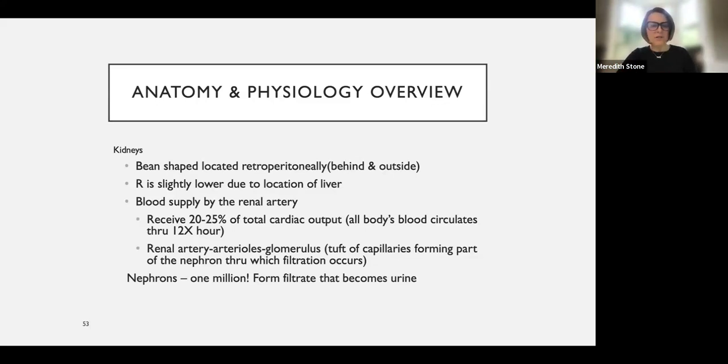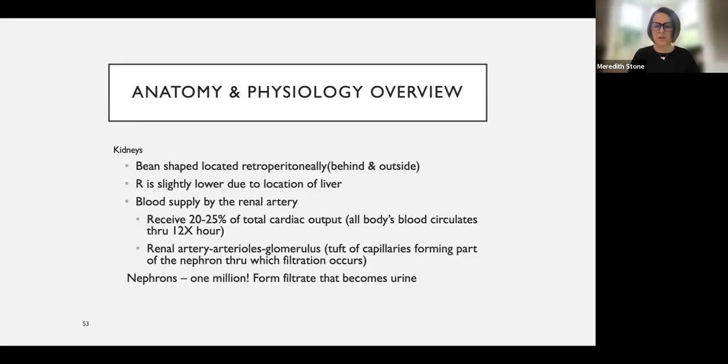Also, you're going to want to understand that A and P, the renal artery, the arterioles, and the glomerulus. So these are the actual workhorse of the nephrons, right? And the nephrons are where the filtration is going to occur. There are 1 million nephrons, which is kind of crazy, right?